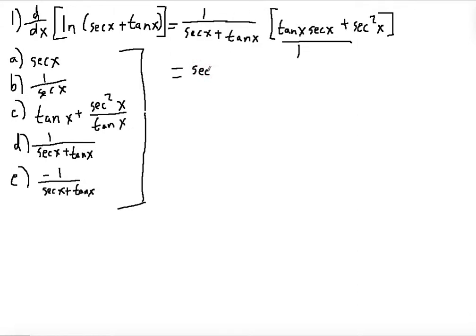So I have secant of x times tangent of x plus another secant of x all over secant of x plus tangent of x.